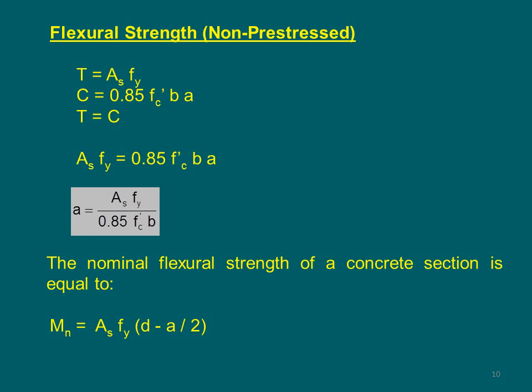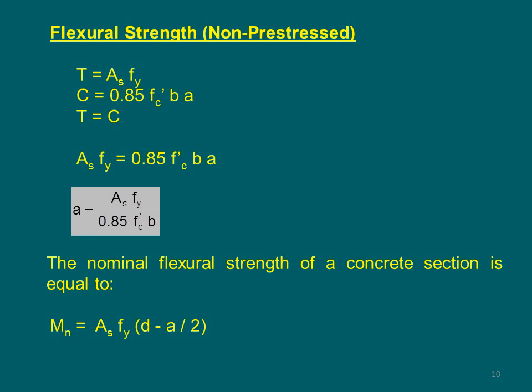At the end, the nominal moment of this section is going to be equal to either tension or compression multiplied by the distance from the tension force to the compression force C. Some references would call this distance the depth YC-T.